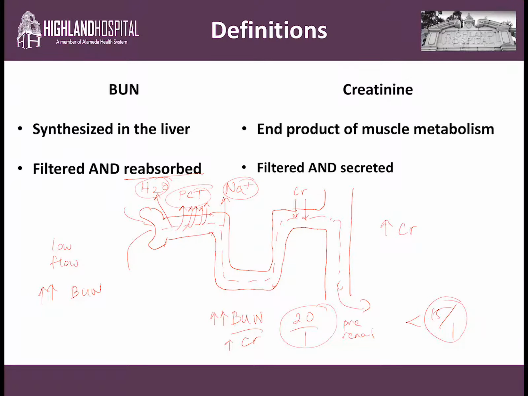So in a low flow state, what's going to happen? You're actually going to see that your urine sodium is going to be less than 20 because you're holding on to it as much as possible. And as we mentioned, water follows salt, so that's going to mean that your urine osm is going to be what?